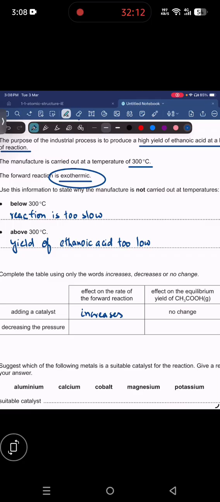If the pressure decreases, for the rate of the forward reaction, we are discussing here the rate, not the position of the equilibrium, so the rate will decrease here, and the effect on the equilibrium yield is that it decreases.